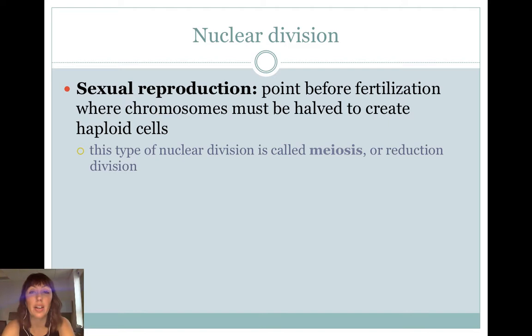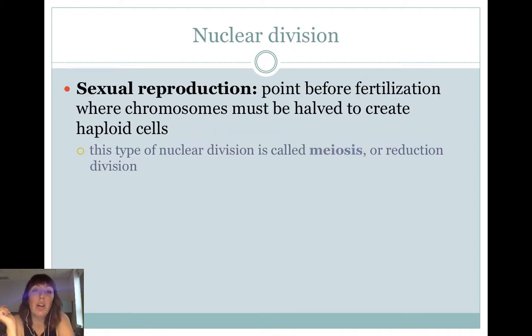Sexual reproduction, on the other hand, is the point before fertilization where chromosomes must be halved to create haploid cells. This type of nuclear division is called meiosis, or reduction division, and it creates dissimilar offspring. Not clones as in mitosis, but genetically dissimilar offspring.